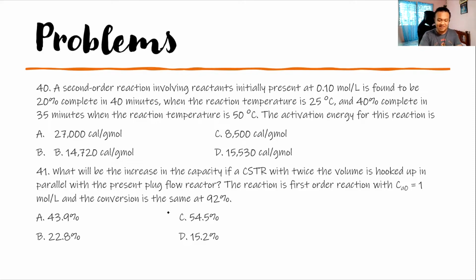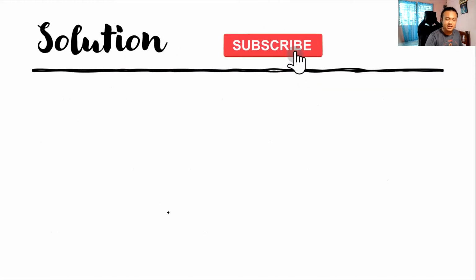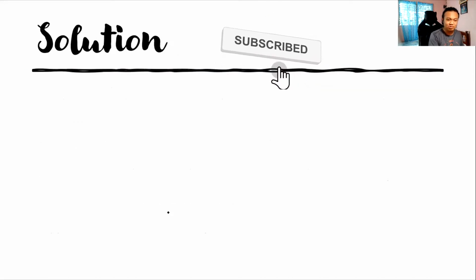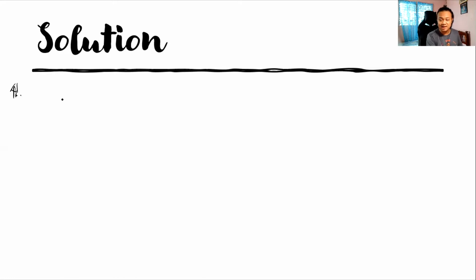Okay? So, first, what do we need to use? Di ba? So, obviously, because we are asked for the EA, the activation energy, we must use the Arrhenius equation. The Arrhenius equation, this is found in your Paris.